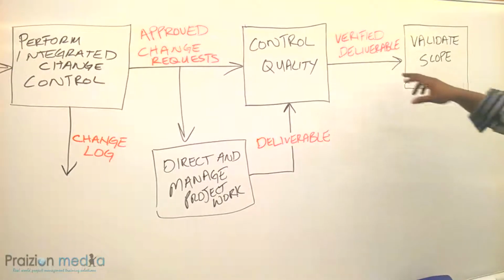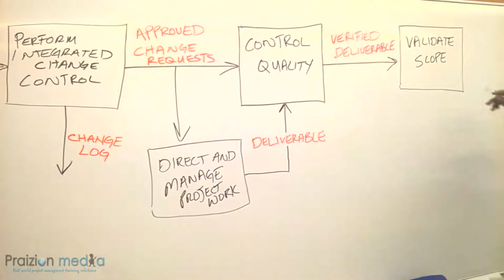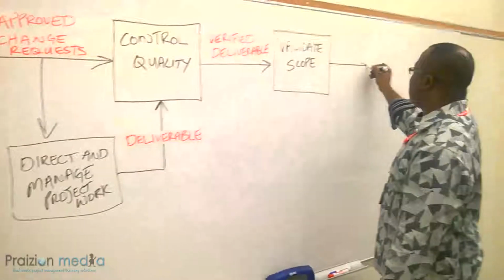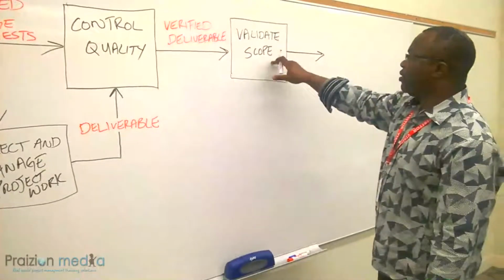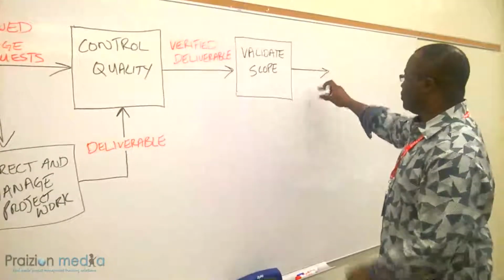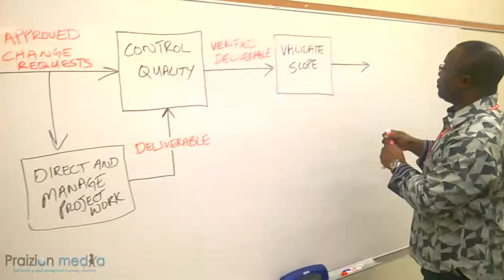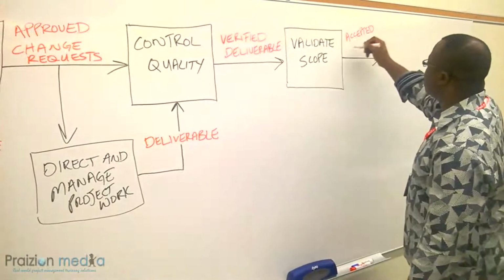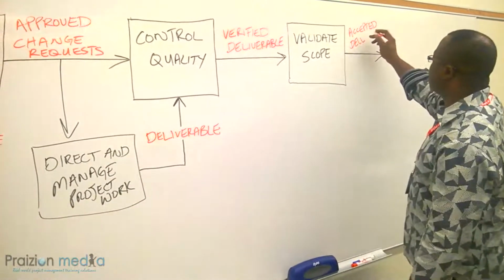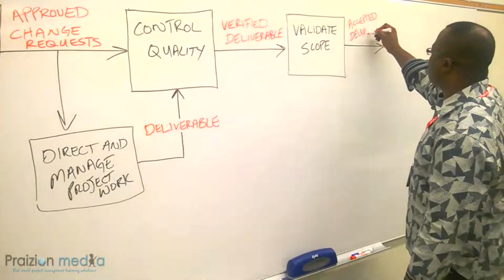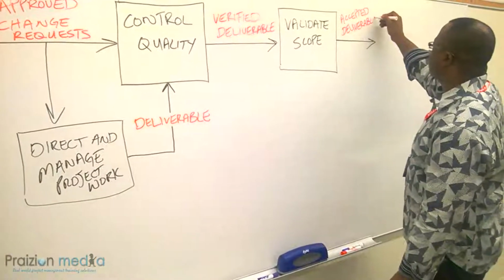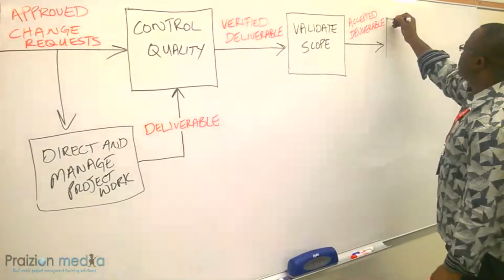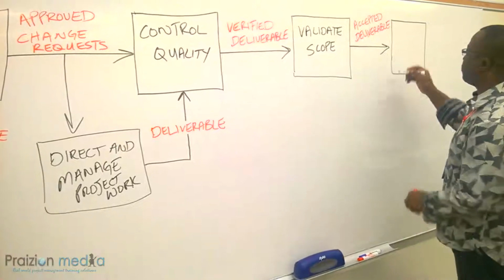Now, after the verified deliverable goes into validate scope, inspection takes place, and then, hopefully on the other end, this is where your customer accepts the deliverable. So we're going to get an accepted deliverable if the customer approves it. And that accepted deliverable is then going to become an input to another process known as close project or phase.